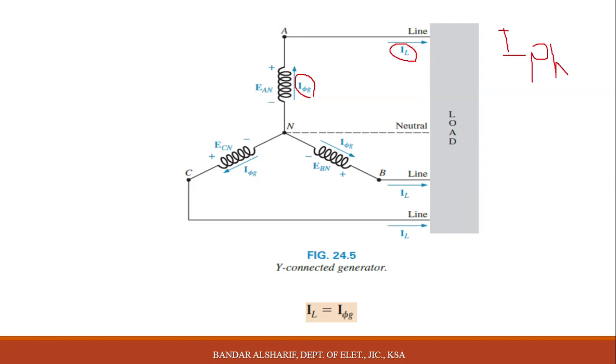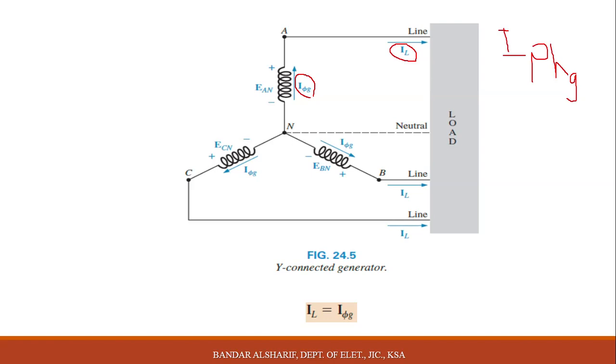Okay, when we write here I phase G, this means I phase in generator side. Some books write it like this, or some other way, but you will know one by one. You will know what we mean when we write I phase or I line.